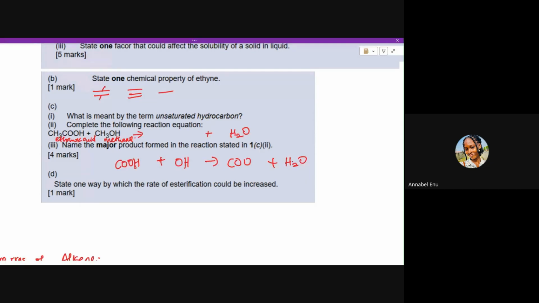So an easy way to do this, okay, is since we know that we're going to form water in this equation, we can remove out what we have used to form our water in the product. It's two hydrogen and one oxygen. Okay.